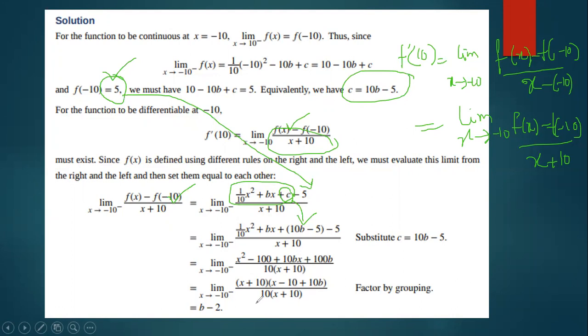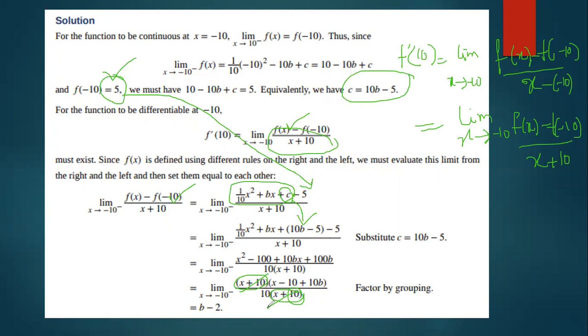The factors will be x plus 10 into x minus 10 plus 10b divided by 10 into x plus 10. Sorry, it will be 10. So why this x plus 10 and this x plus 10 will be cancelled out. So then this will be x minus 10 plus 10b divided by 10.